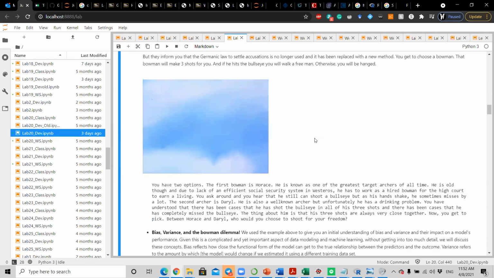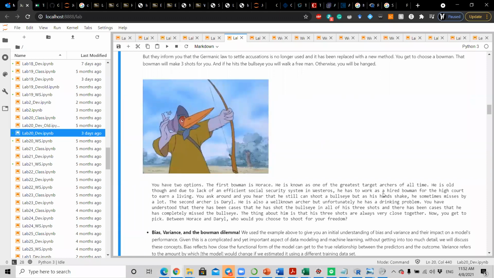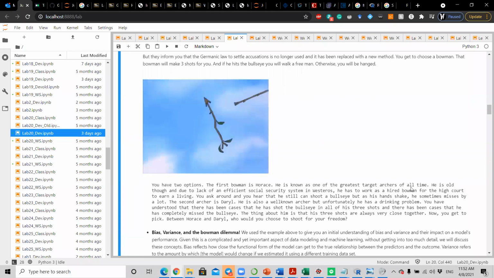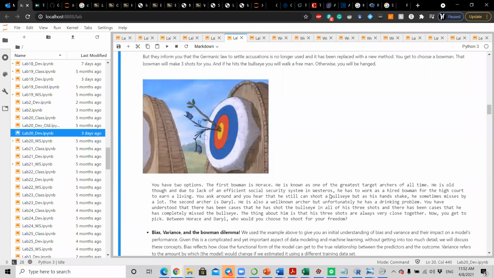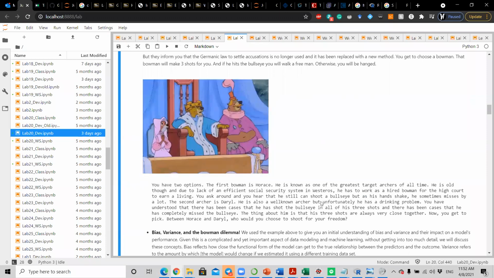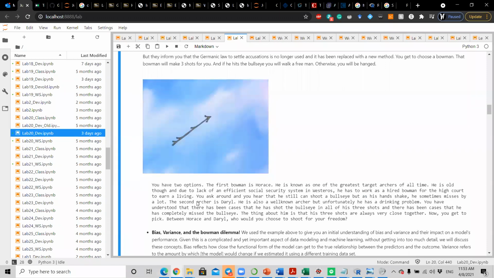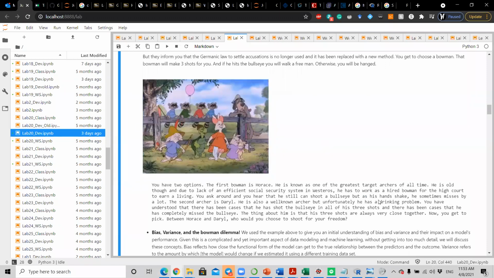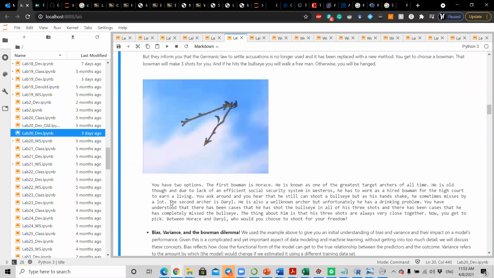The first bowman is Horus. He is known as one of the greatest target archers of all time. He is old though, and due to lack of an efficient social security system in Westeros, he has to work as a hired bowman for the High Court to earn a living. You've asked around and you hear that he still can shoot a bullseye, but as his hands shake, he sometimes misses by a lot.